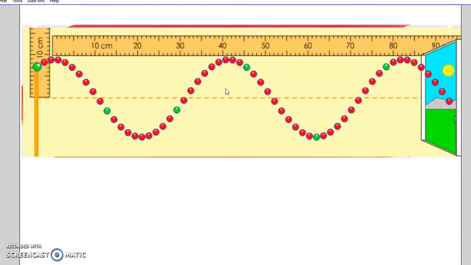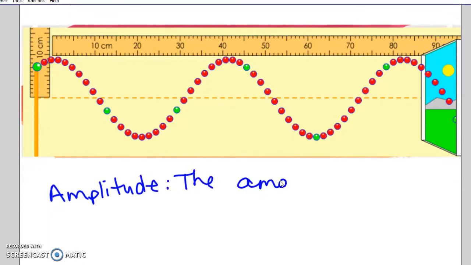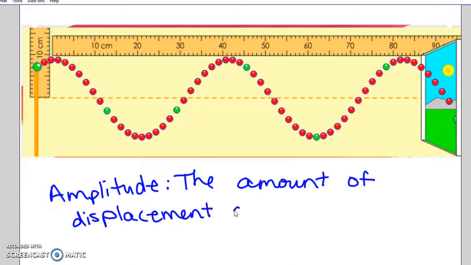Amplitude is the next thing that we're going to talk about. And amplitude is the amount of displacement caused by a wave.